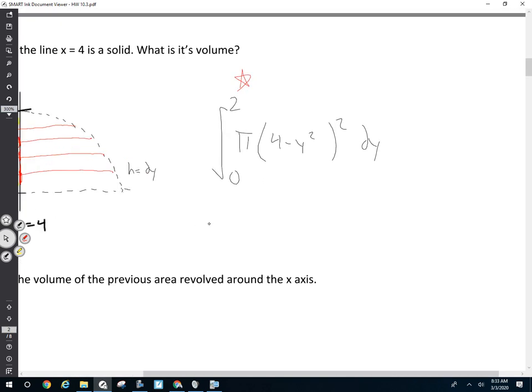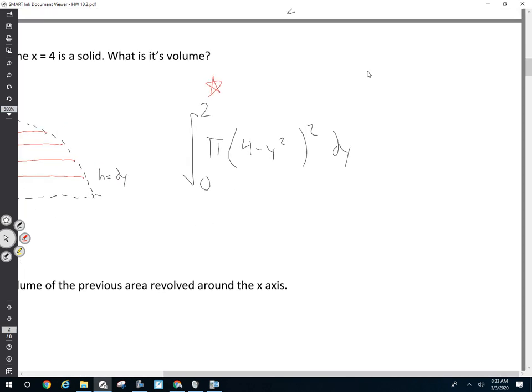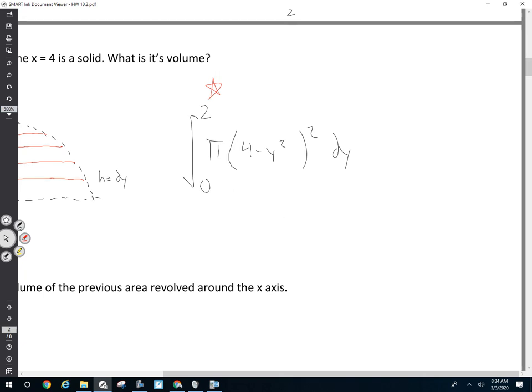And again, you can distribute this. I'm just going to show this one more time, because there are some situations where you'll be forced to, depending on the question. Do an integral from 0 to 2 of 16 minus 8y squared minus y to the 4th.